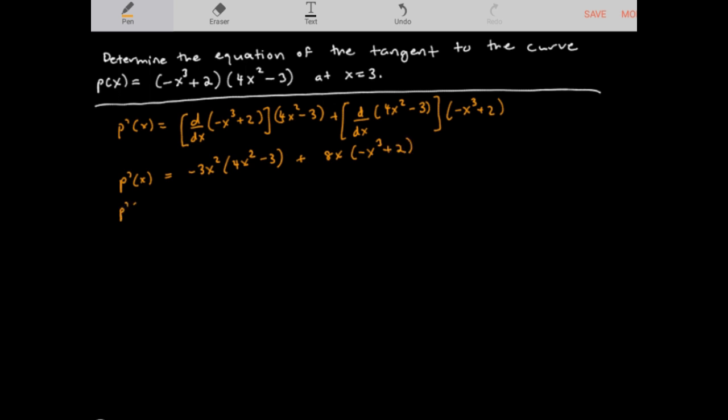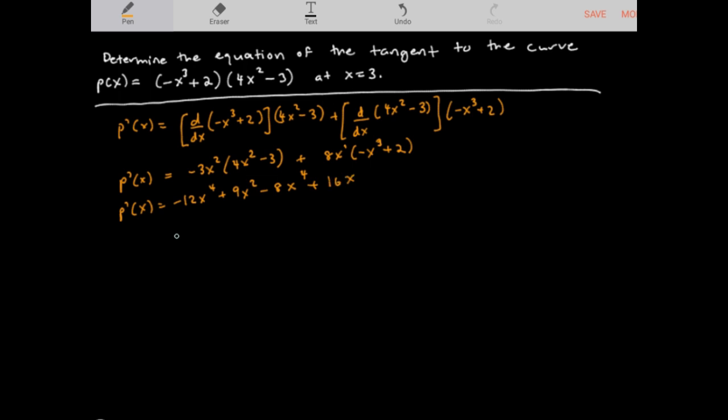Then the derivative function P prime of x is equal to negative 3x squared times 4x squared, which is negative 12x to the power 4, plus 9x squared, minus 8x to the power 4, because this is like x to the power 1 and this is a 3, right? And plus 16x, okay?